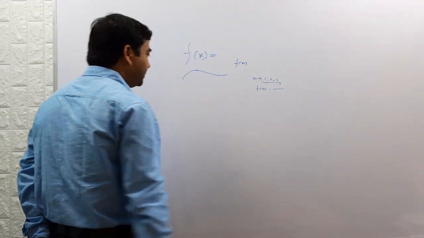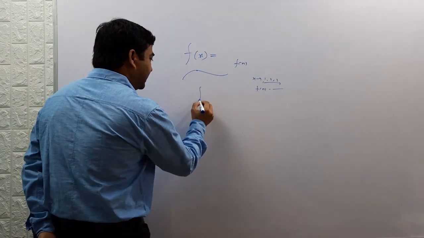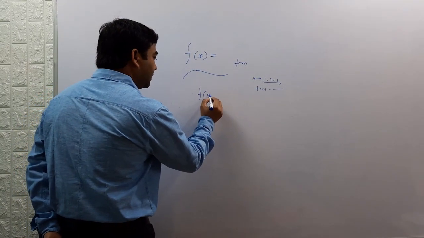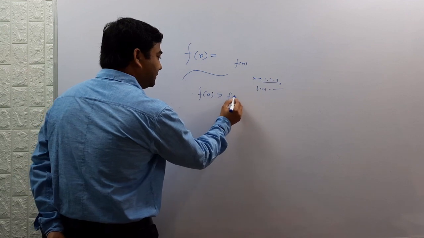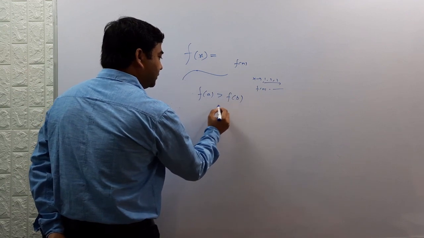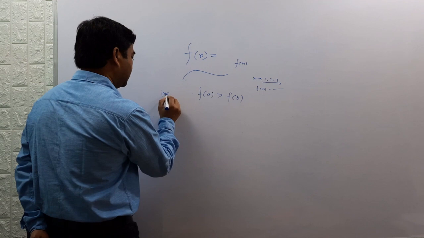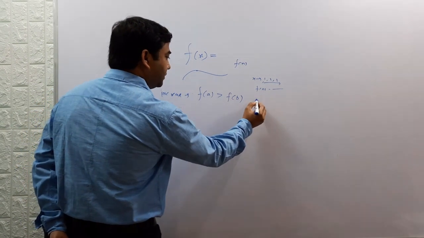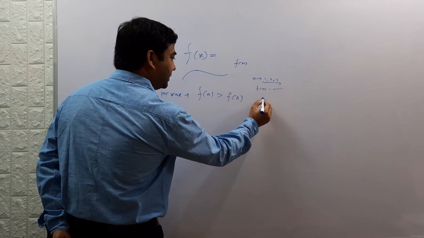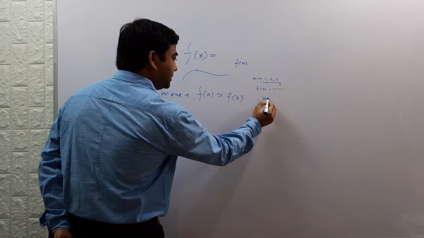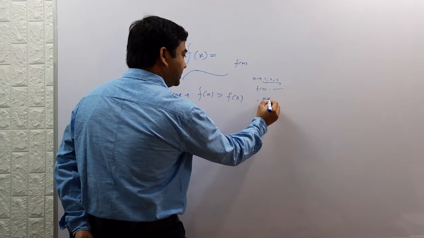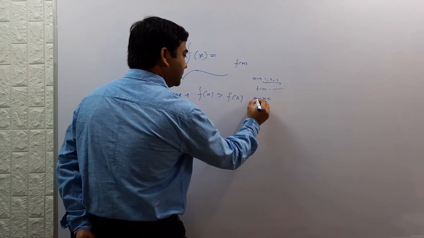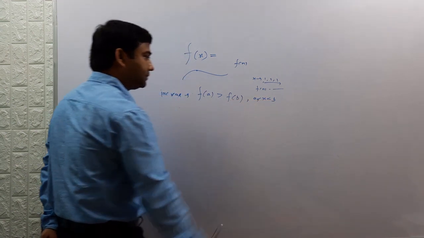So mathematically, it can be written as f(a) is less than f(b) for an increasing function, when x is greater than a and less than b.